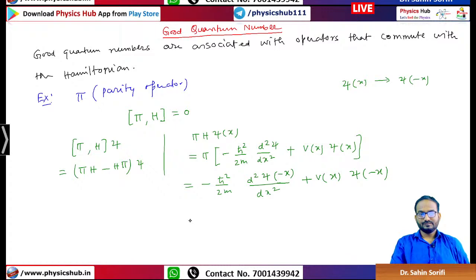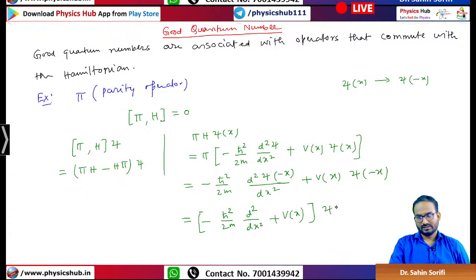Clear? So this is equal to minus ħ² by 2m d²/dx² plus V(x), whole thing in brackets, acting on ψ(−x). So what is this? This is Hψ(−x).